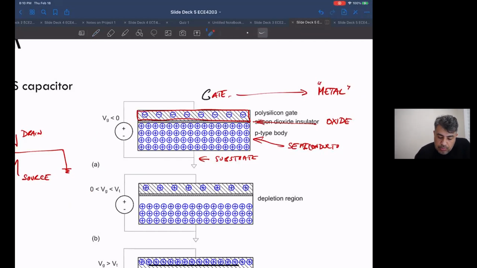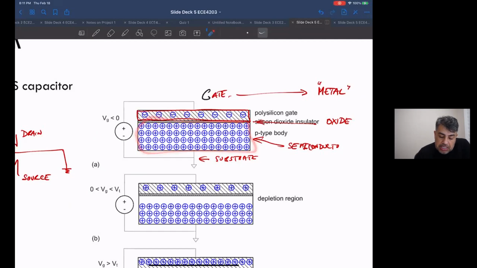Okay, so a bunch of positive mobile charges here, and let's say you now put a negative voltage on the gate of your capacitor, on your polysilicon, compared to the substrate. You put negative charges here. When there's a bunch of mobile positive charges, what happens? The negative charges on the gate just start attracting positive charges.